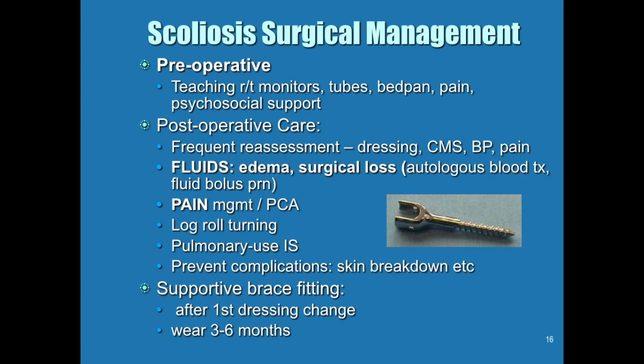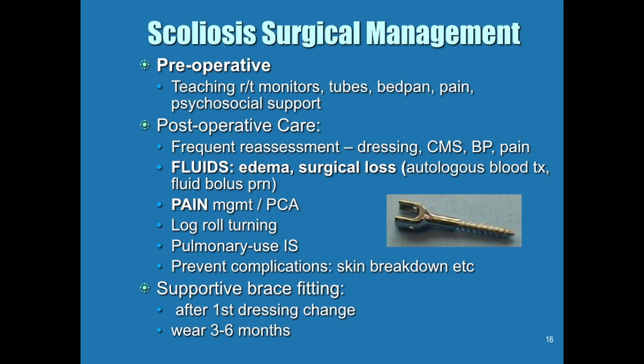When you turn this patient, you have to use the log roll technique. Use a bath sheet, get some help, and you are going to roll the patient completely over in one movement from head to toe. These children must use the incentive spirometer at least 10 times each hour while awake, and then monitor for skin breakdown.